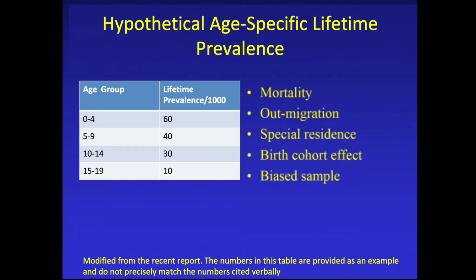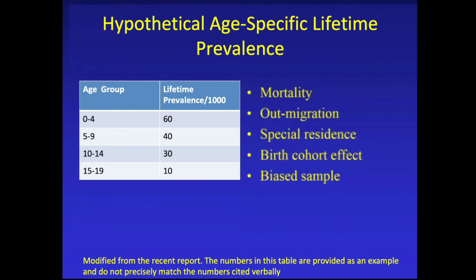Sometimes when people report prevalence, one sees bizarre results. So in this study from Egypt that was published last year, one sees a lifetime prevalence of 6% in children between 0 and 4, 4% in children 5 to 9, and 3% in children 10 to 14.